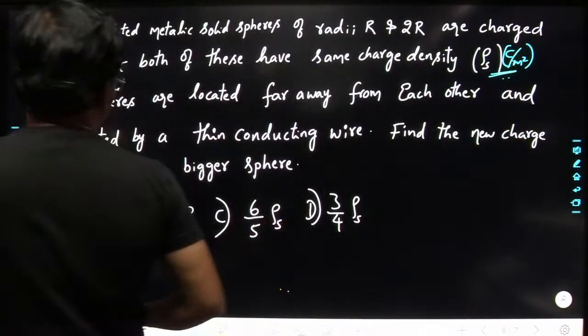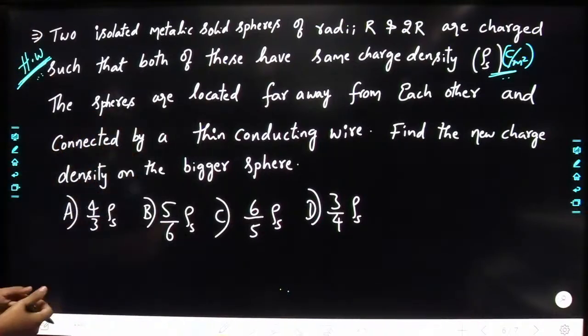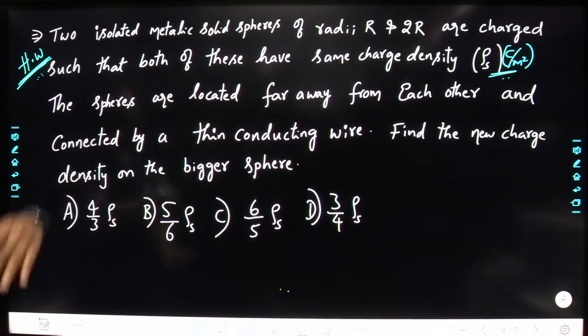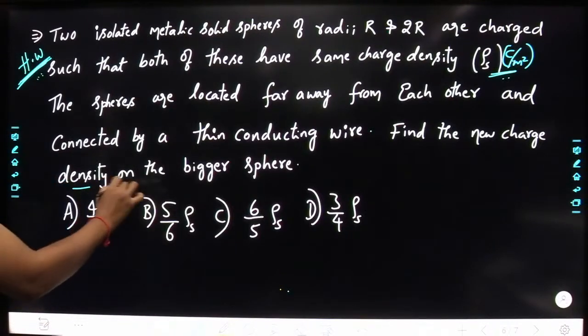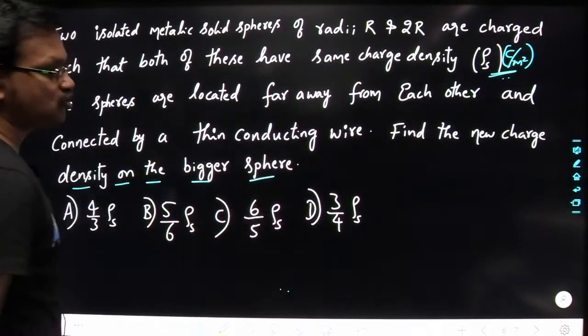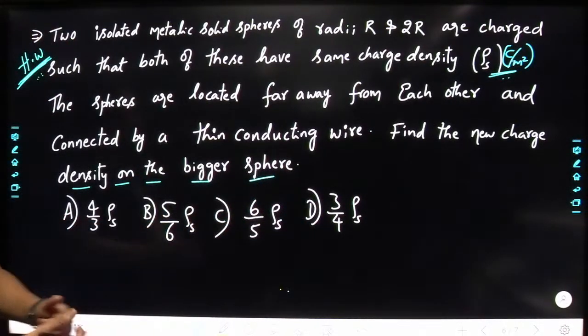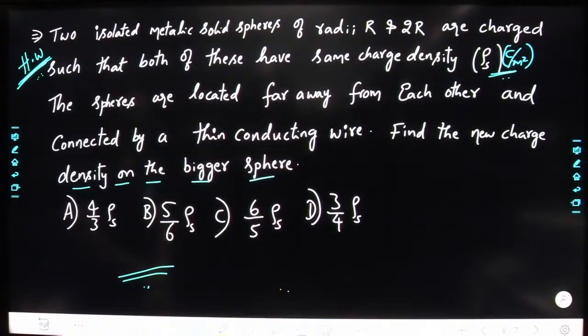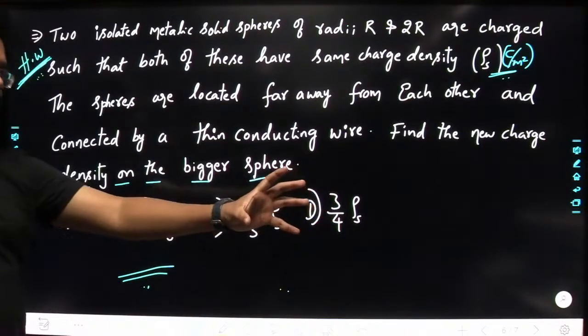So the spheres are located far away from each other and connected by a thin conducting wire. Now, find the new charge density on the bigger sphere. So this is what you have to determine here. So two spheres are there.